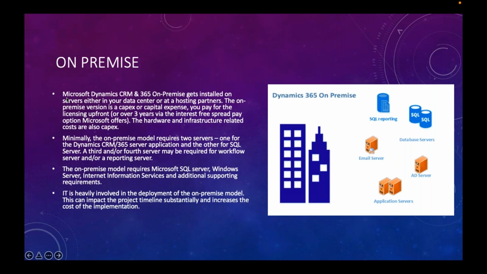The first point itself clearly states that Microsoft Dynamics CRM and 365 on-premise gets installed on servers either in your data center or at a hosting partner's. Online will be maintained and installed in Microsoft data centers, but on-premise will not be installed in Microsoft data centers. It will be some third-party partners who are maintaining data centers.